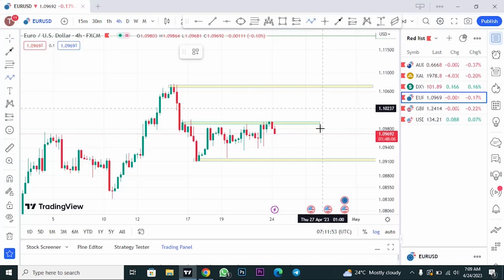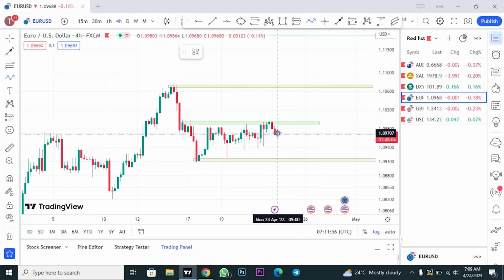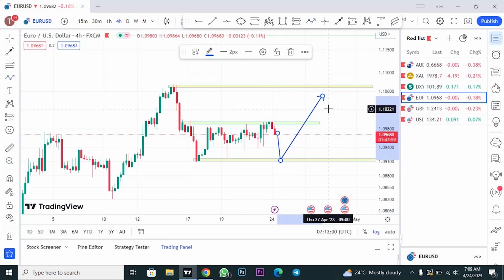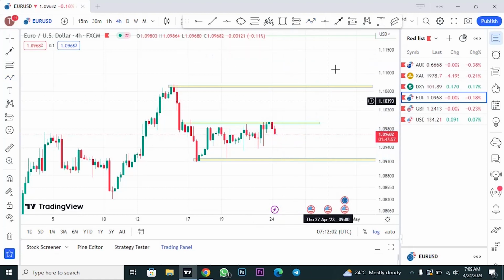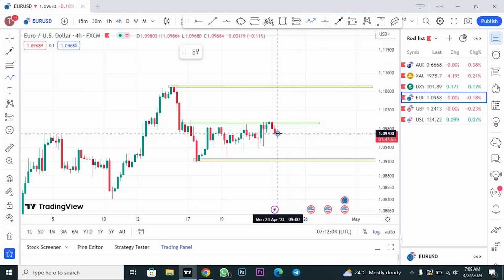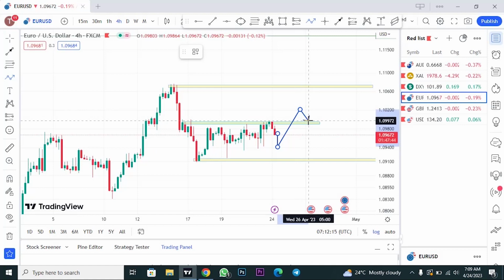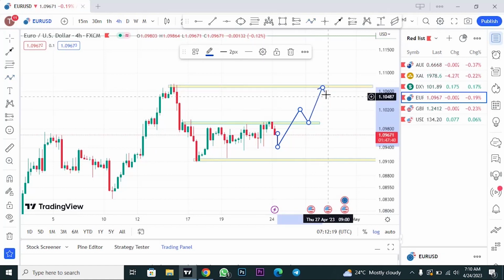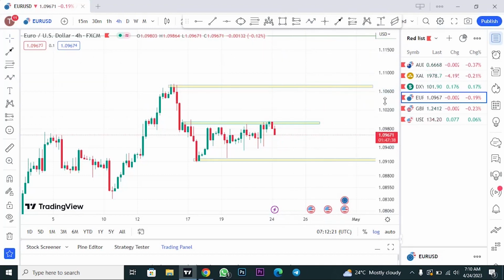How this bullish is gonna happen is maybe price may actually drop up to this level before a push to the upside, or price can eventually end up pushing downside and then start pushing upside right from this point all the way to breaking out of this resistance here, now turning the resistance into a support here and then a push to the upside. So that's what I'm seeing on the Euro USD.